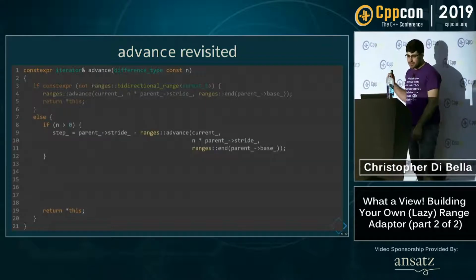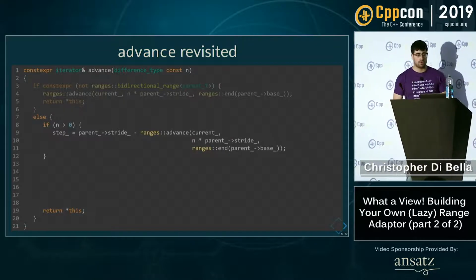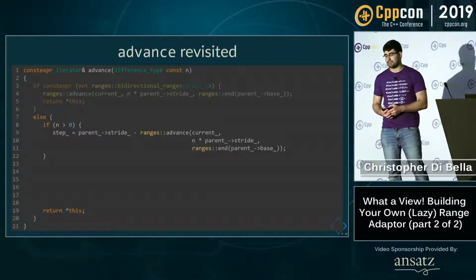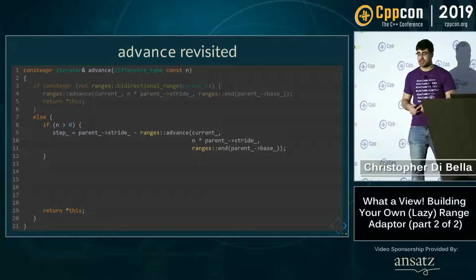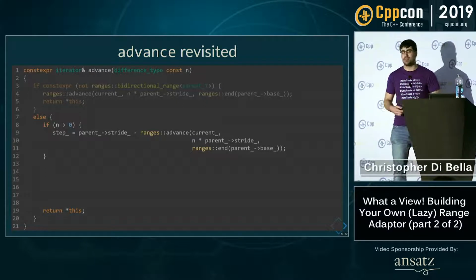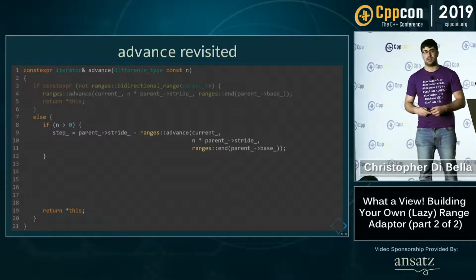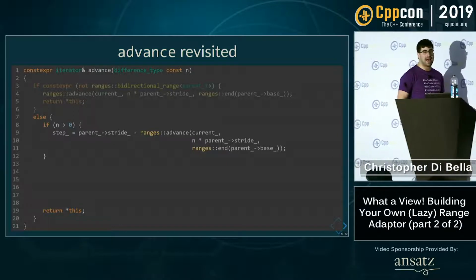And then we're going to do some computation. The first thing that we want to do is compute the number of steps we take whenever we iterate forward. And the way the bounded version of ranges advance works is that it returns the difference between the number of steps we expected to take and the number of steps we actually took.